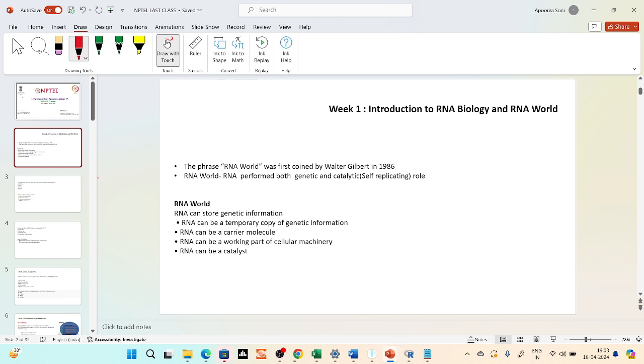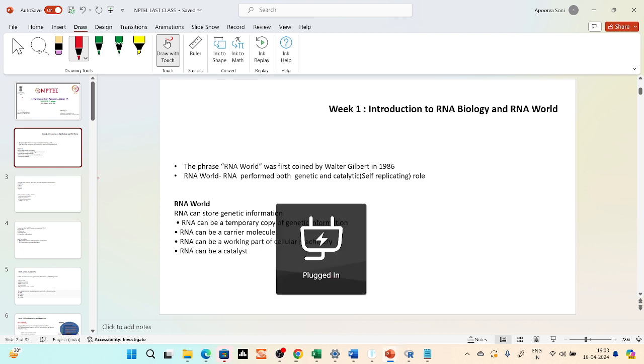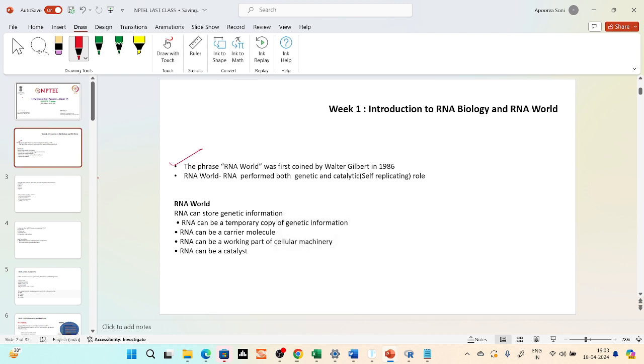So this phrase RNA world was first coined by Walter Gilbert in 1986, and RNA world means a time when RNA used to perform both genetic and catalytic functions. So earlier, as evolution took place, in the earlier world it was RNA only that served as a genetic material.